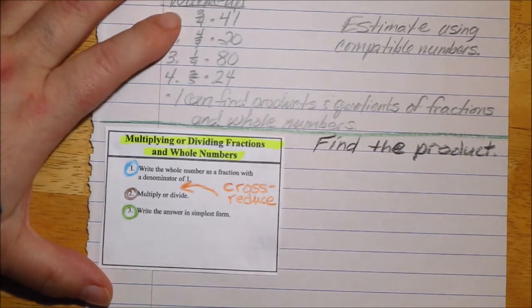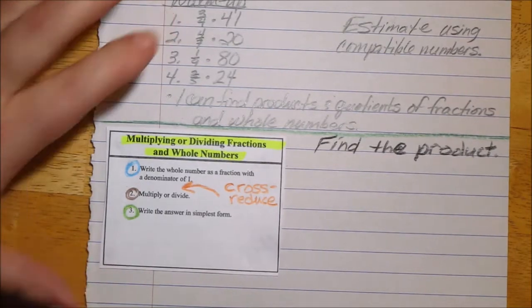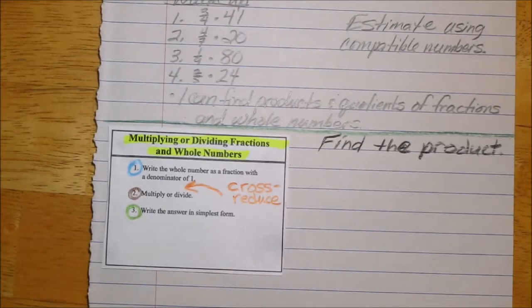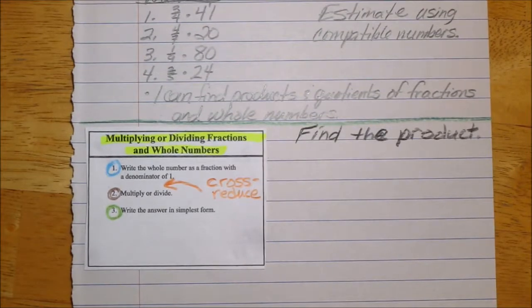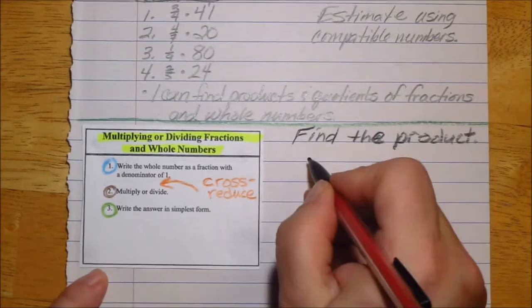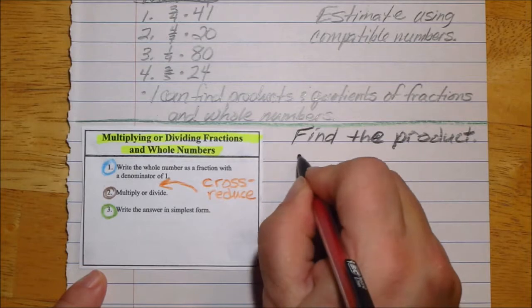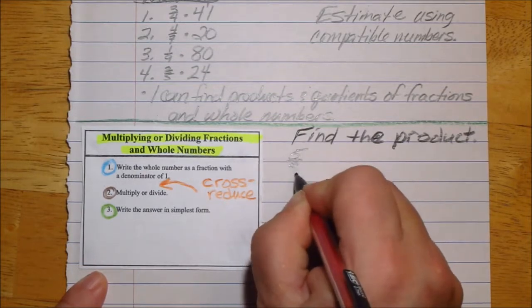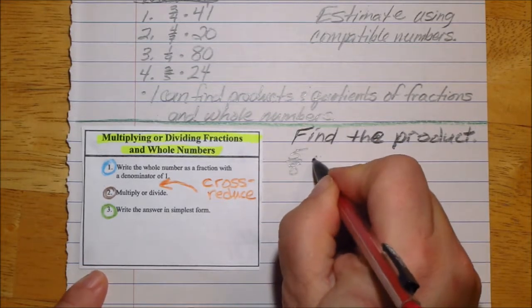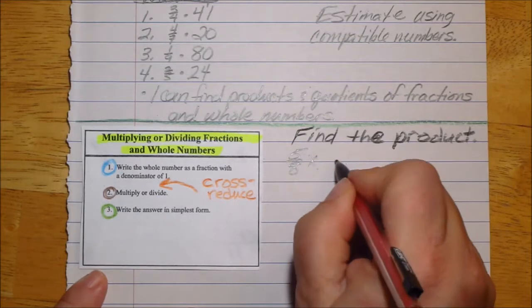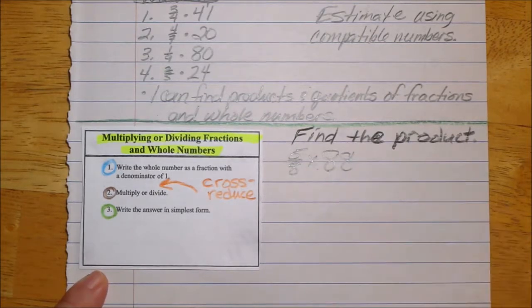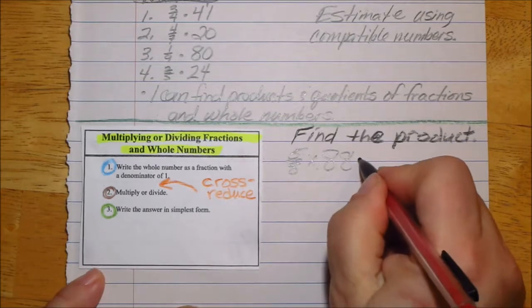Okay, so here's the problem we're going to work out. Oops, sorry about that. I hit the tripod. Okay, here we go. Find the product. Okay, 5/8 times 88. All right, that's the problem.